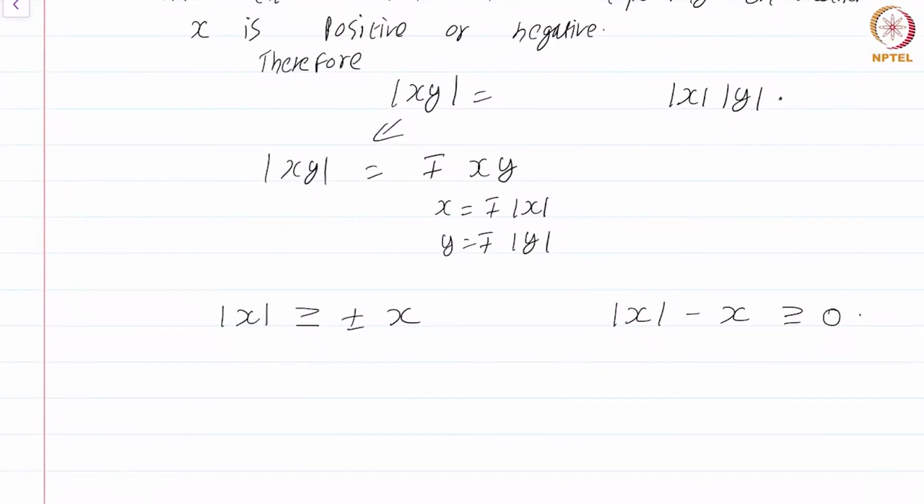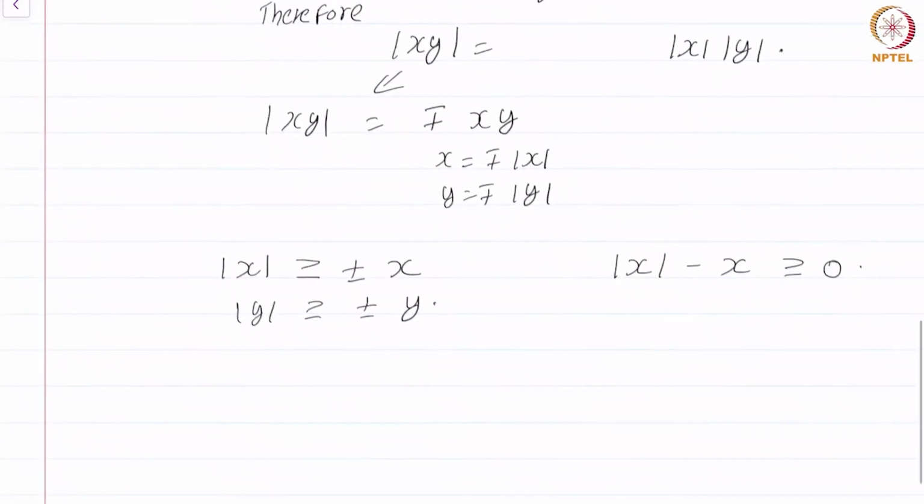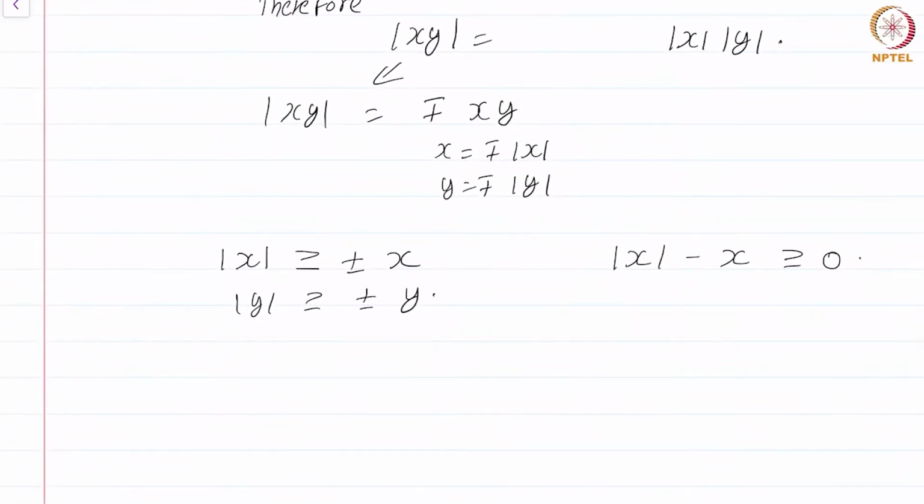So mod x is always greater than or equal to plus or minus x. Similarly, mod y is always greater than or equal to plus or minus y. Okay. Now, we immediately get, by one of the properties of an ordered field, that mod x plus mod y is greater than or equal to plus or minus x plus or minus y.